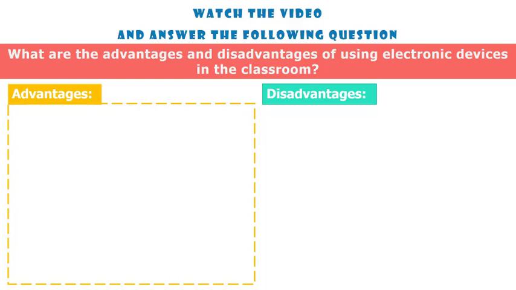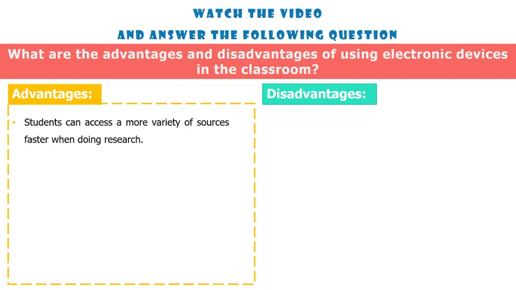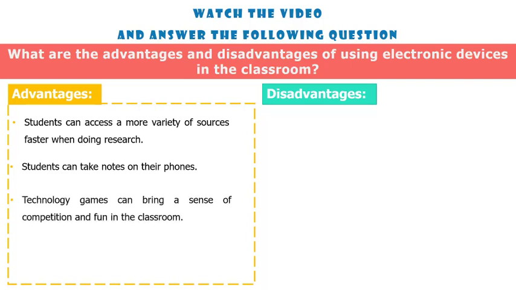In the video, you can see that students can access a more variety of sources faster when doing research. Another benefit is that they can take notes on their phones. And the last one, technology games can bring a sense of competition and fun in the classroom.